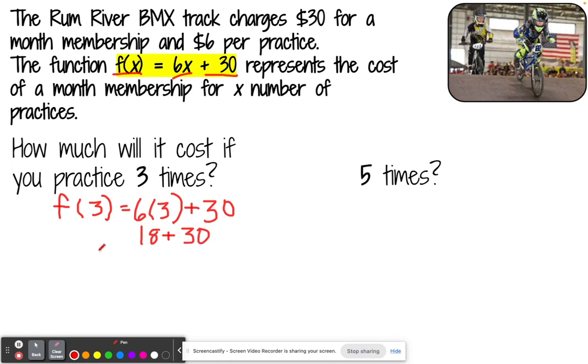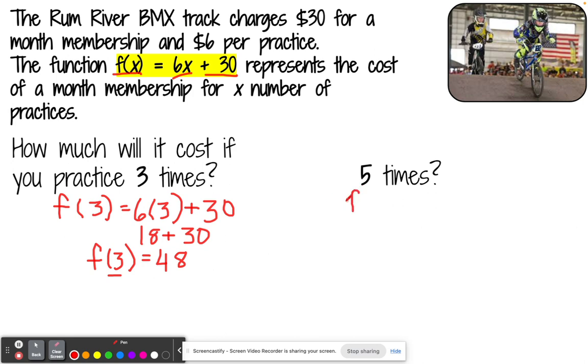So my f of 3 is $48. So like I said, the nice thing about this, if I said, well, what does that 48 represent? Well, it represents the cost for my number of practices being 3.